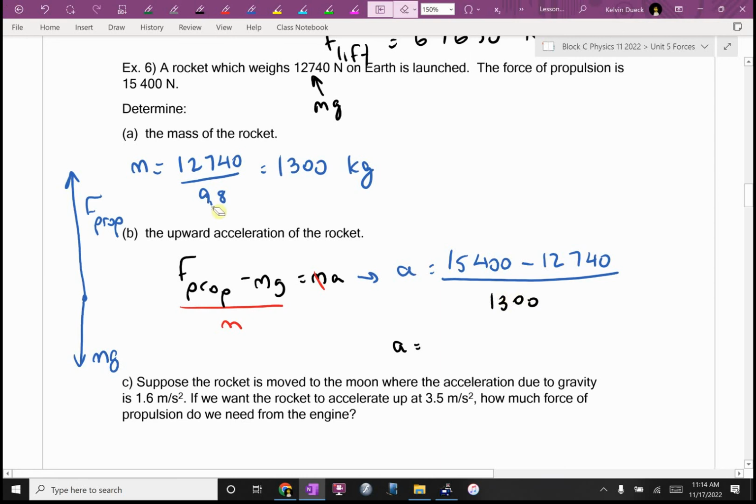I looked at that, not that. That was silly. Thank you. What do you get? Round it off properly? 2.05? And meters per second squared. Okay.